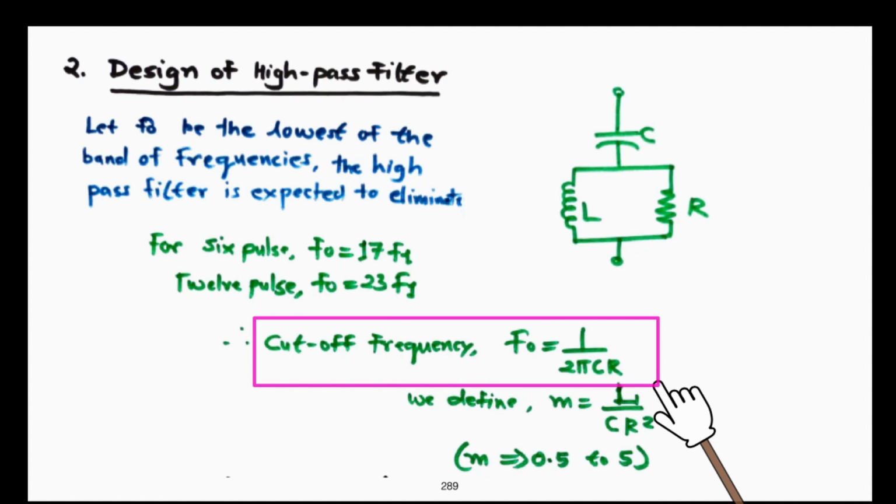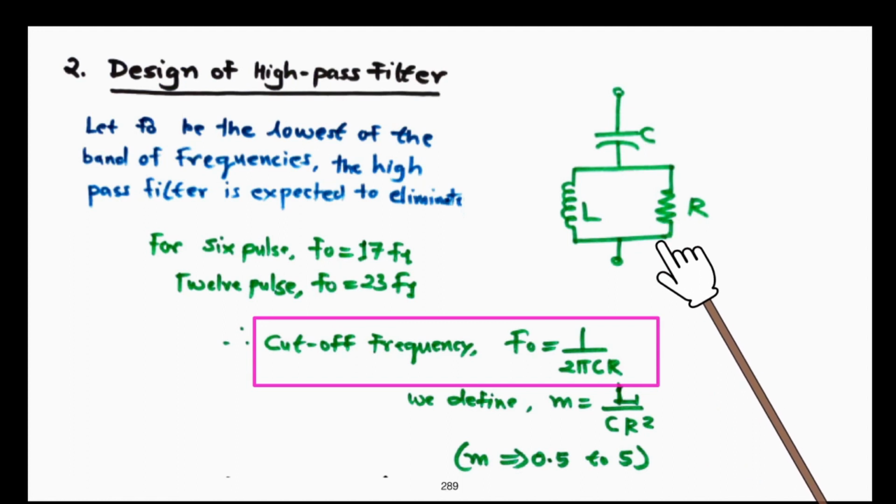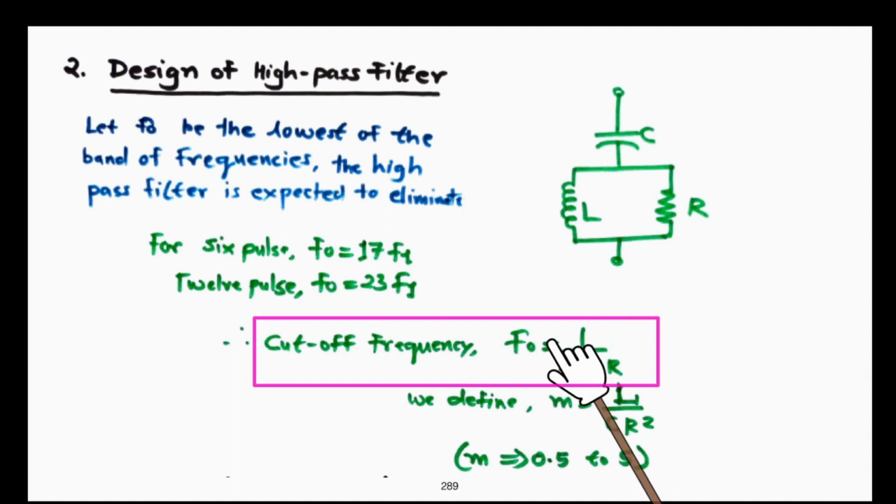Analysis of this kind of circuit you study at the secondary level in network theory, so here you won't be required to derive this directly. It's an application. F0 equals 1 upon 2 pi CR, subject to the condition that the filter will offer the lowest impedance for frequencies higher than or equal to F0.